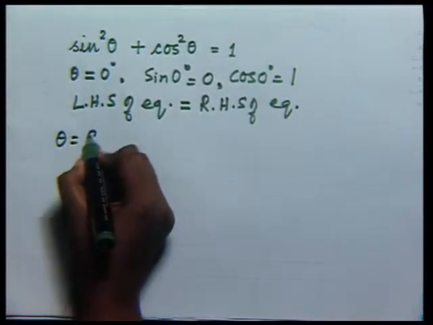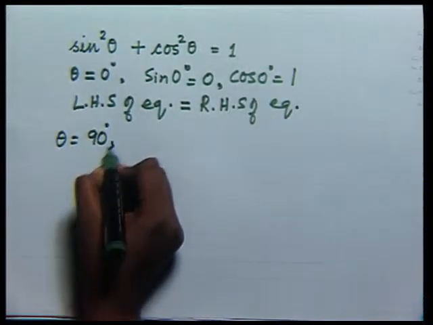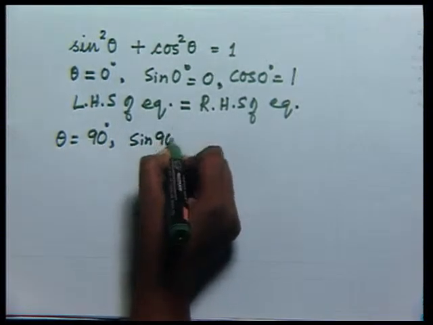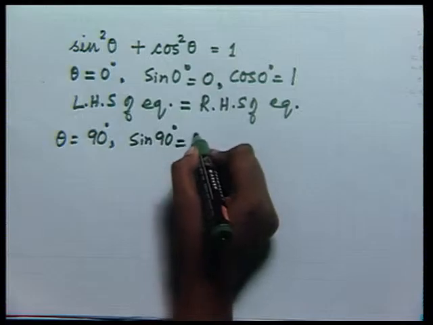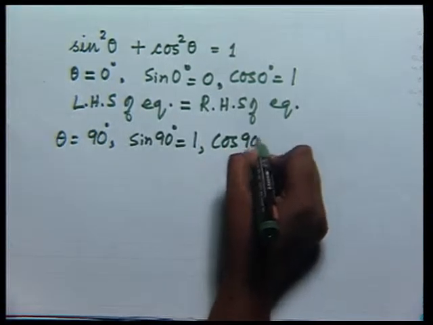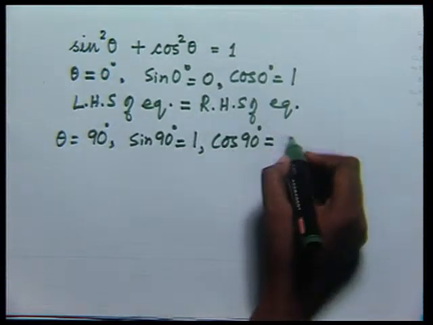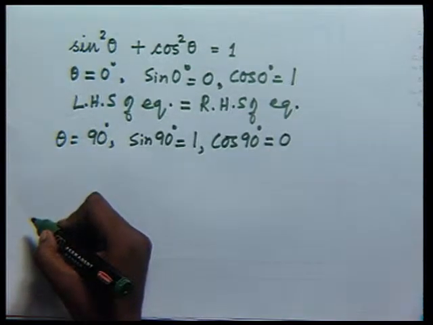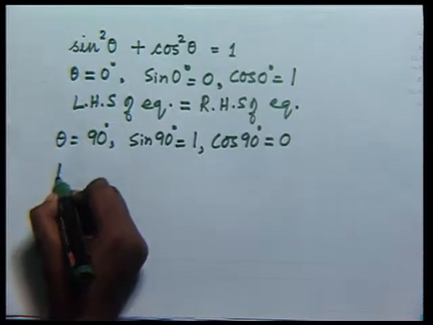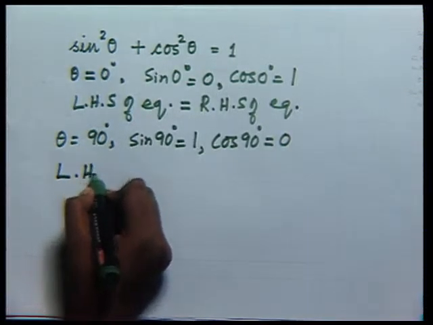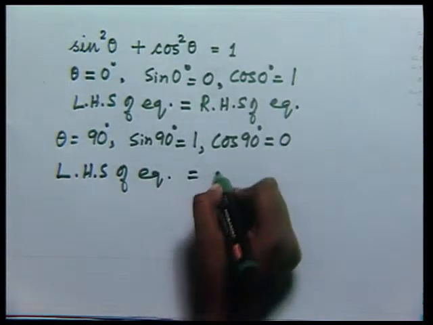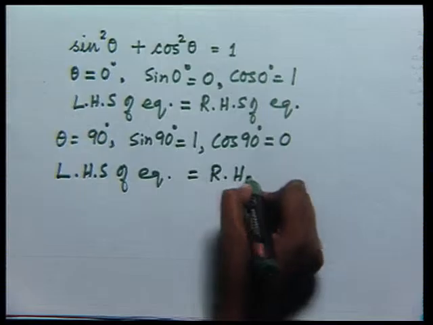Again, for theta equal to 90 degree, we know that sine of 90 degree is equal to 1 and cos of 90 degree is equal to 0. So, again we find that the left hand side is equal to the right hand side.